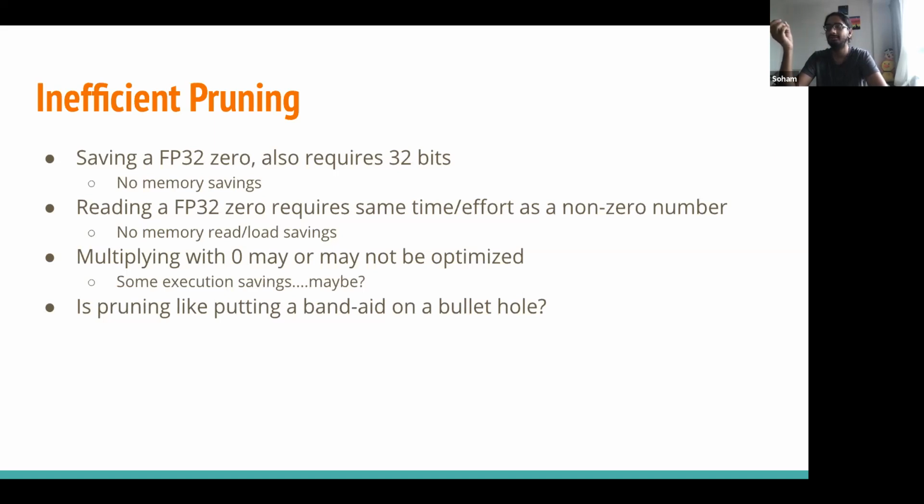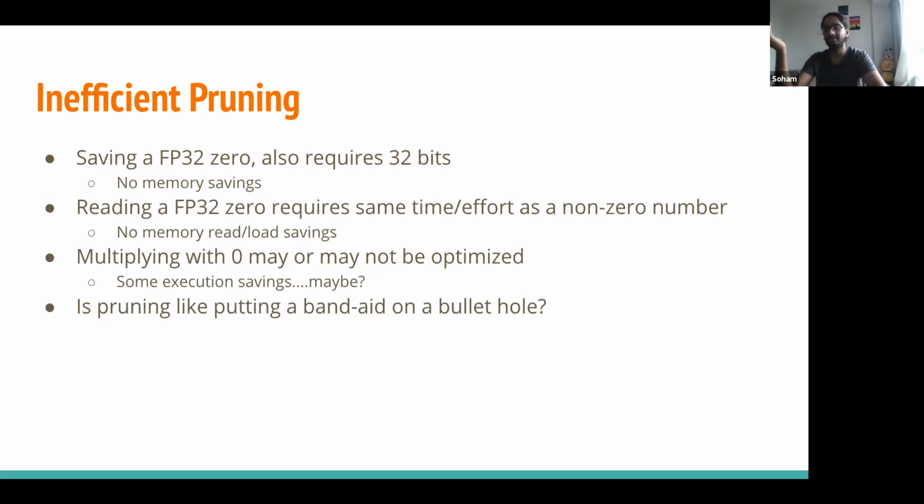So is there any execution savings? There could be if the hardware is optimized for 0 multiplication. But remember, in the graph that I showed you, even if the hardware is optimized for multiplication with 0, hardware is really efficient at multiplication right now as compared to reading memory. So it doesn't matter.